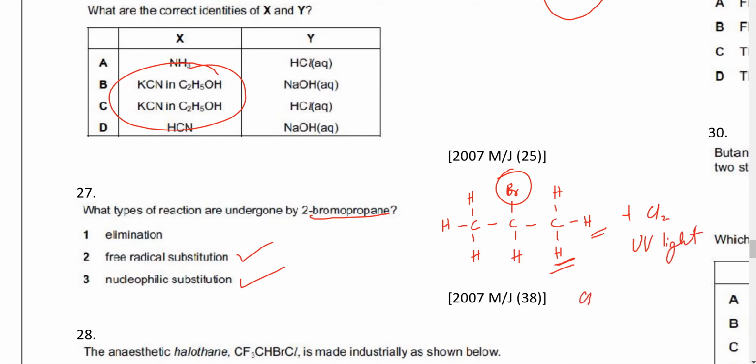Cl का radical आएगा, वो उसके H को ना अपने साथ जोड़ लेगा. ठीक है, so that is definitely possible. तो ये दोनों चीजें हो सकती हैं.